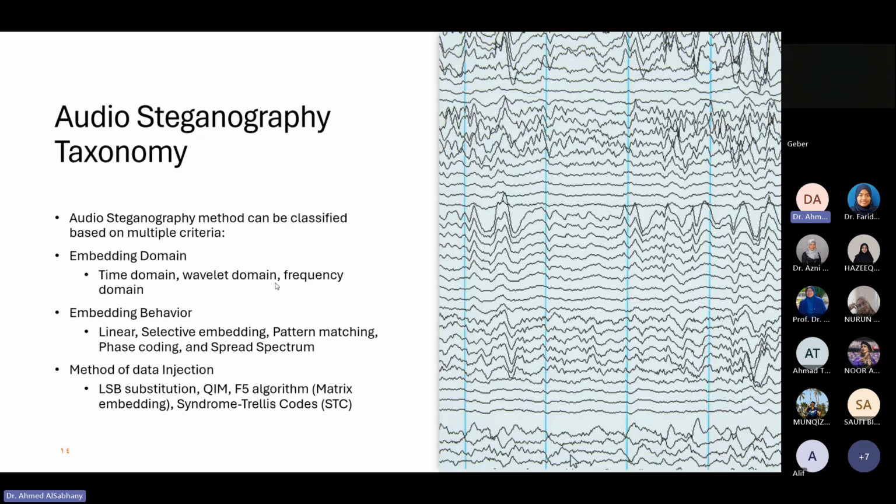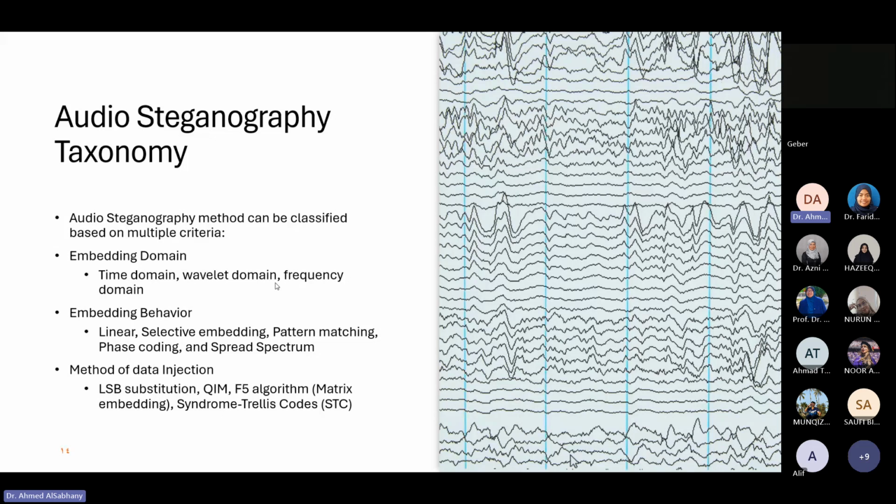We are basically converting the signal into wavelet components, and normally we are splitting the signal into the approximation and the details, and normally we are using multiple levels of analysis to reach the third level of details, and then the third level of details is used to embed the message. Why do we use the third level? Why do we use the second level? It's based on the choice or the design of the author.